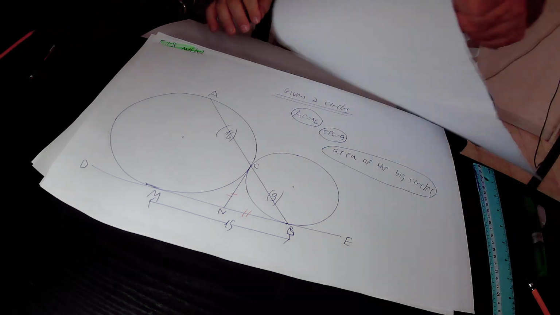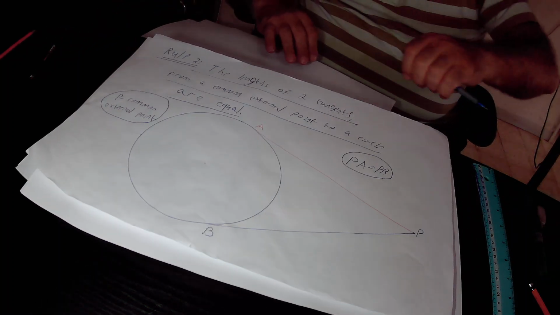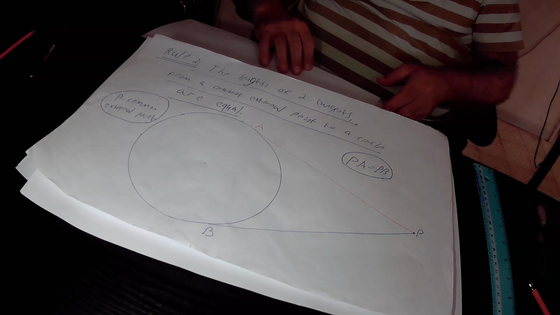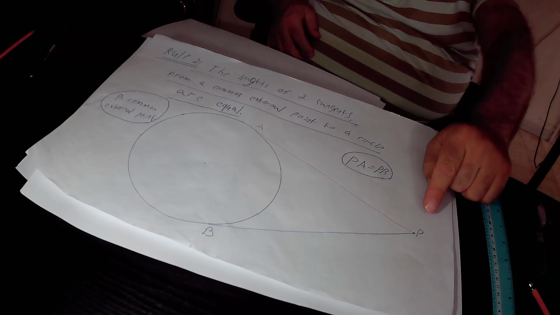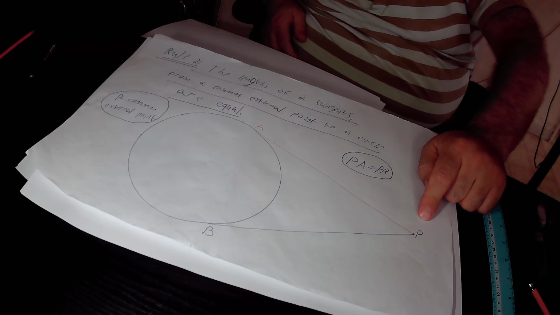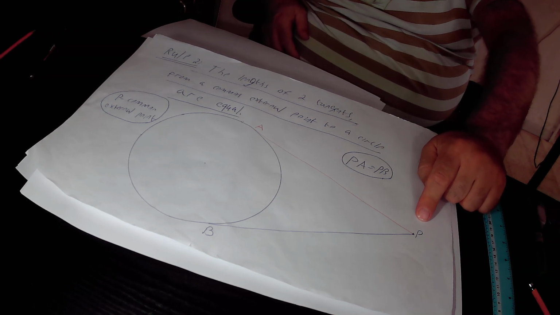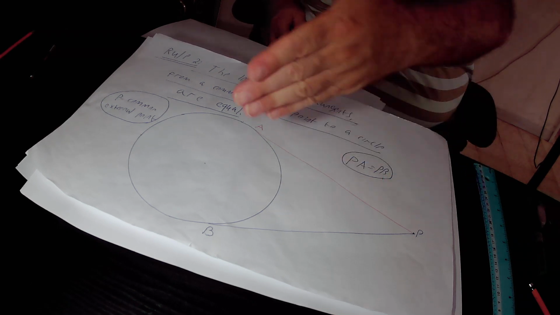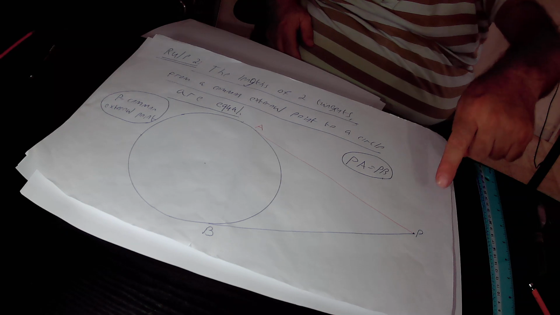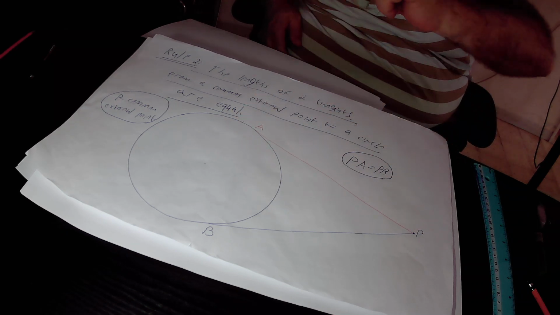According to Rule 2, the lengths of two tangents from a common external point to a circle are equal. In the drawing, we have a circle, and this is the common external point P. From P, we have two tangents to this circle, tangent PA and tangent PB, and according to Rule 2, PA equals PB.